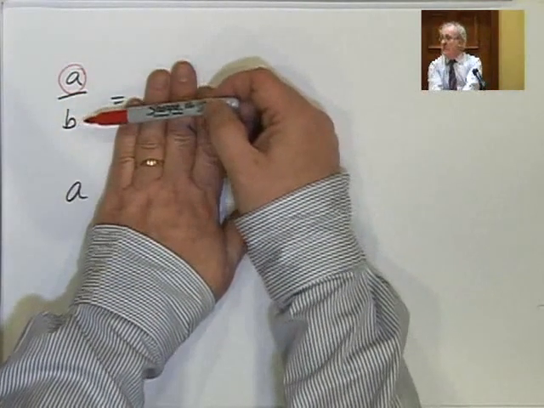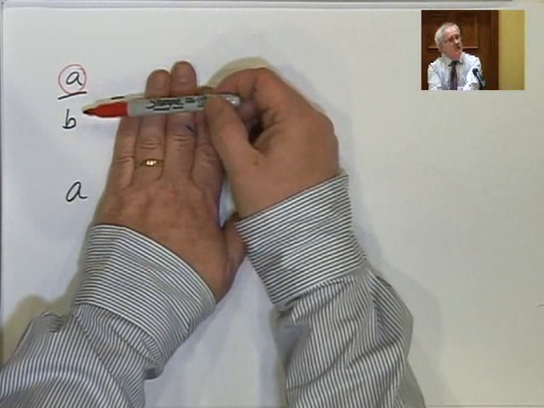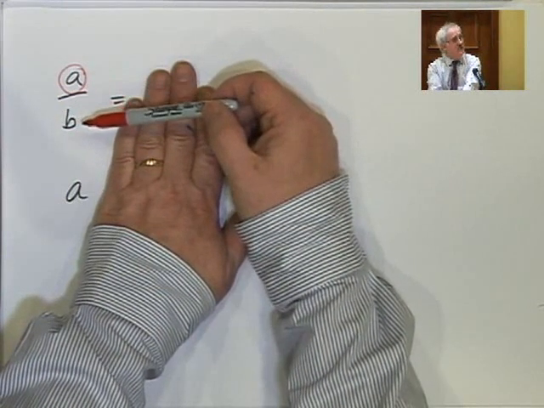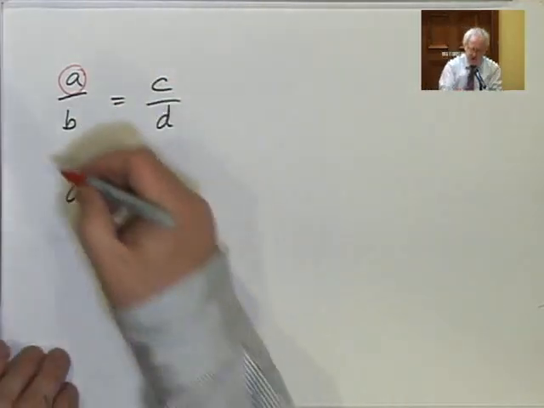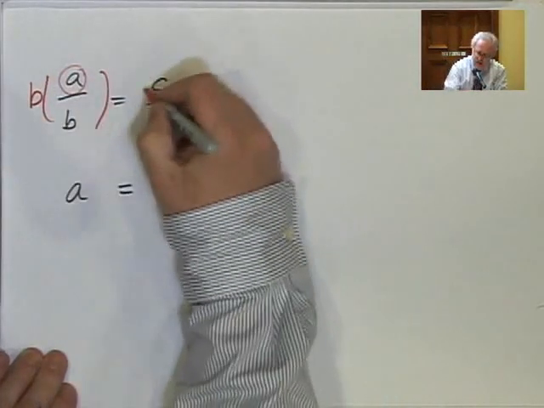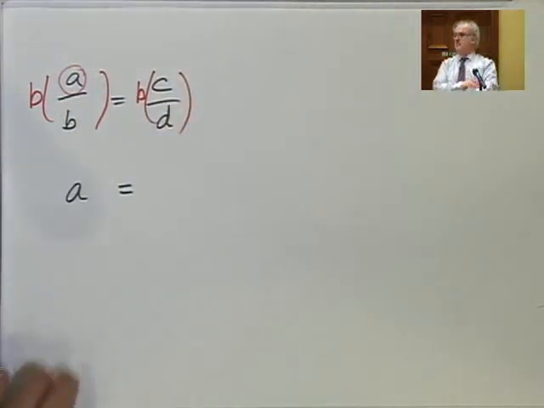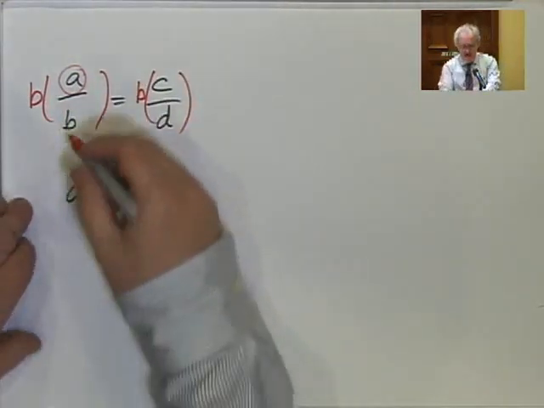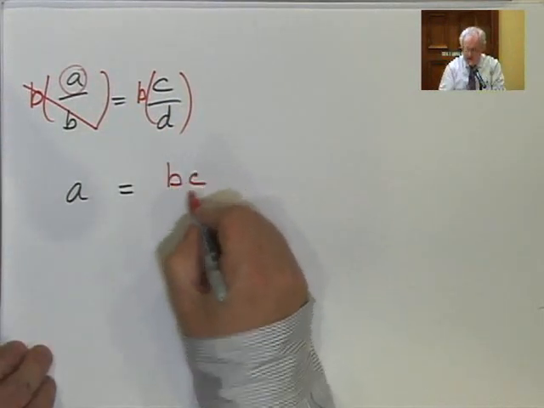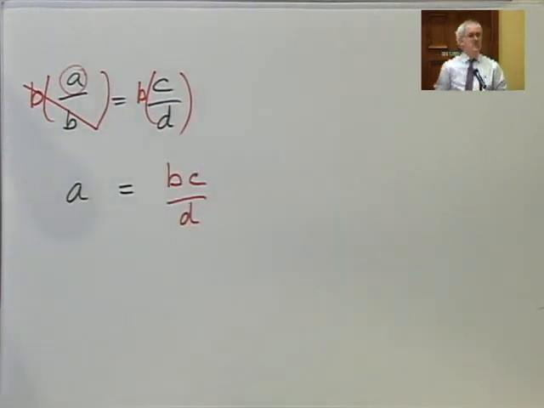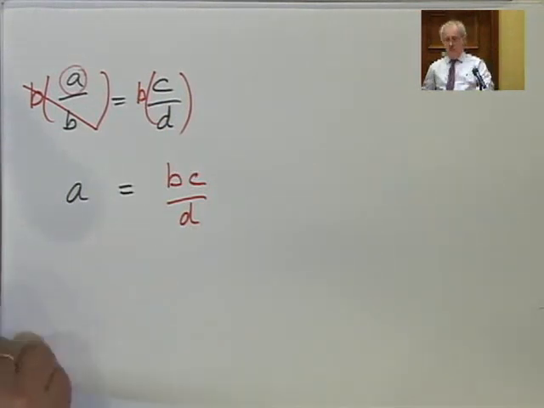Well, I'm not gone on the B. What is the B? It's dividing, isn't it? And how do you get rid of division? Multiply. So what you do is you say multiply this by B, multiply this by B. If I multiply this by B, they cancel. That's why you did it. So A becomes BC over D. Is that okay? And that's all the equations are like that.